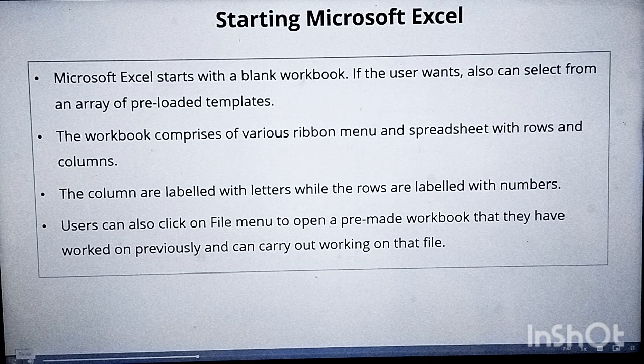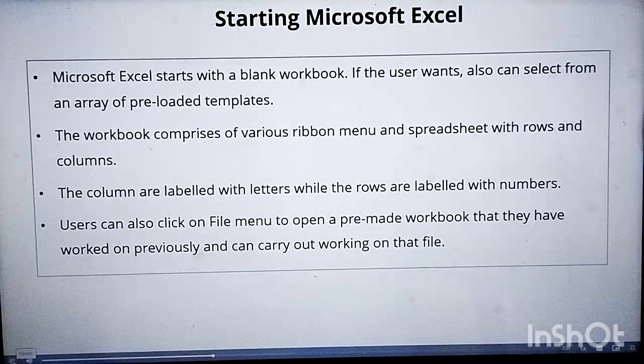If you are using a previous version, you will find that the columns are labeled with alphabetical letters, so column A, B, C, D. Whereas in my case, the columns are also labeled with numbers, but it is still easy to locate the row and the column that you want to select when you are creating a workbook and also using it for calculation.